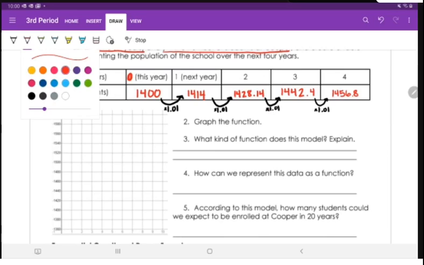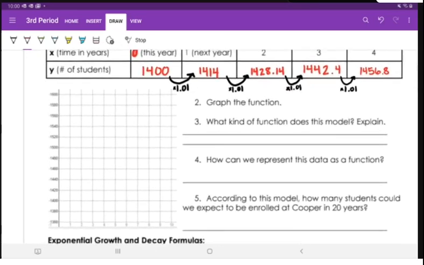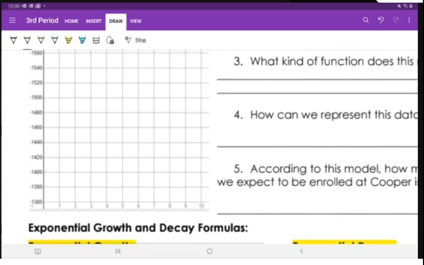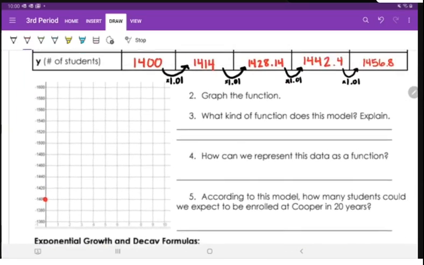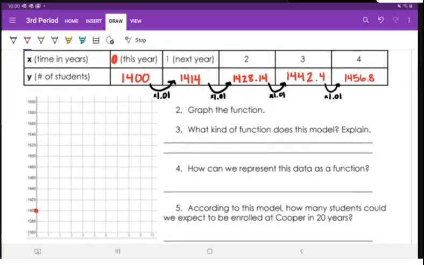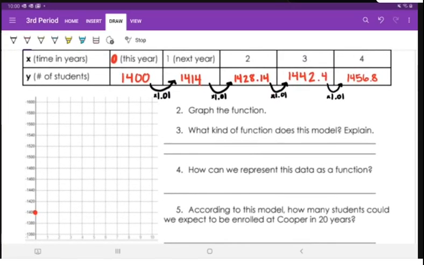So let's start with 0, 1,400. That'll be right here at this intersection. I'll make my point a little bigger so you can see it. 0, 1,400 would be right there on the axis. Our next point is 1, 1414.